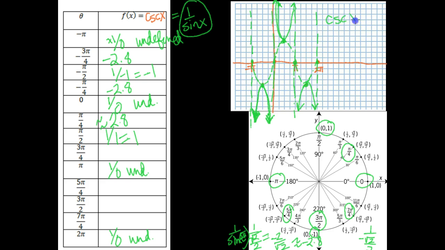cosecant of x. So function notation f of x. Now just picture if you had, maybe just for fun, let's change the pen color, g of x equal to negative cosecant of x. So in this case, everything would be flipped.